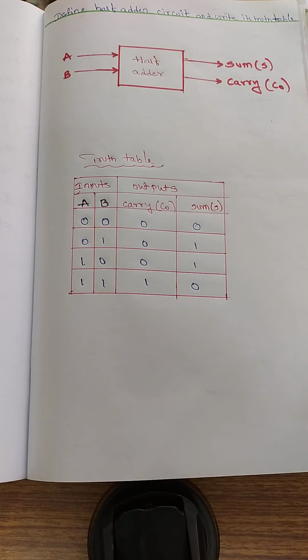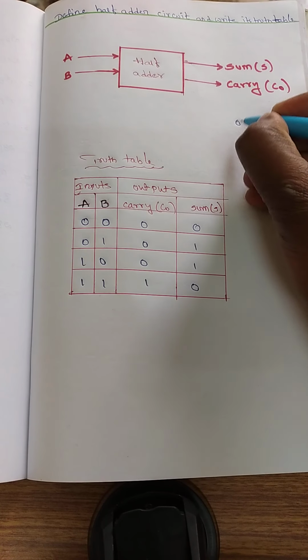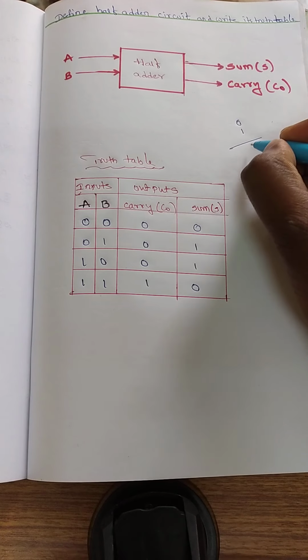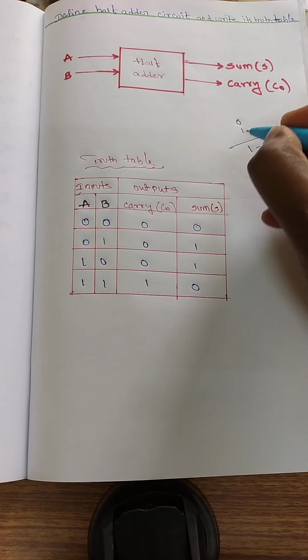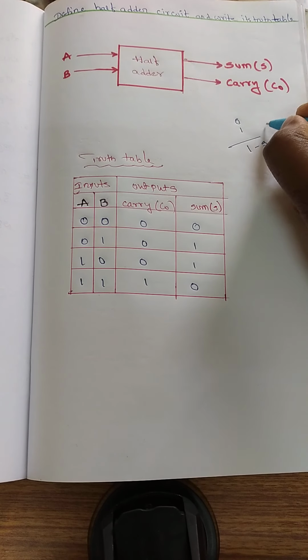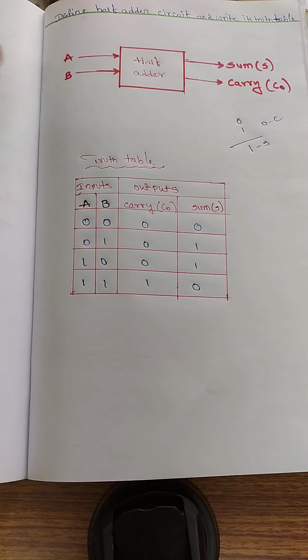Half adder is used to add only 2 bits at a time. Suppose 0 and 1, here 1 is sum and 0 is carry. So like this, only 2 bits. Suppose if you are adding 1 and 1, here sum will be 0 and 1 will be carry.